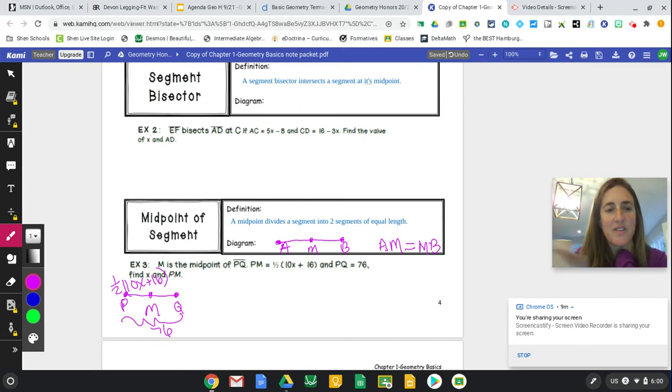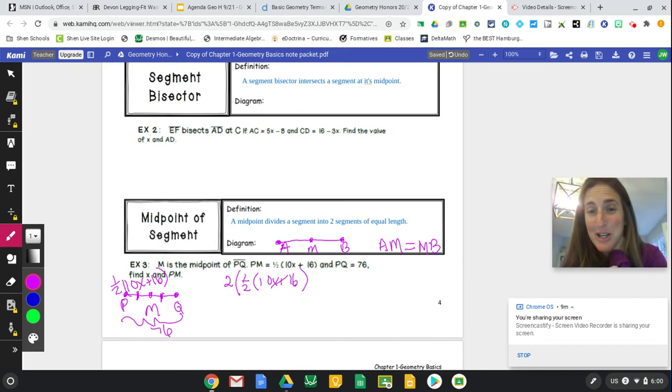I only know part of the segment, but since it's a midpoint, I technically know both of those pieces are equal in length. And sometimes they're marked with little slashes on them to show that they're actually equal. So technically, if I take 2 times this 1/2 of 10x plus 16, it should equal 76.